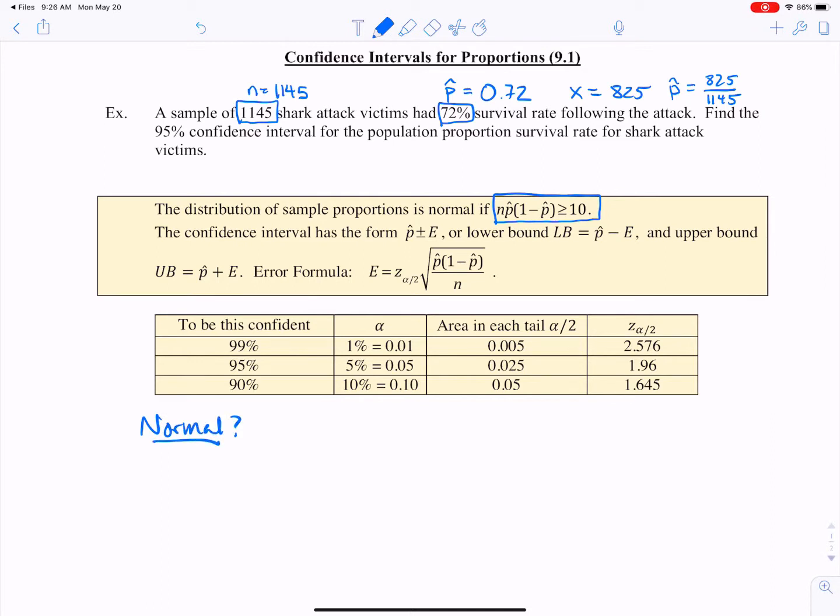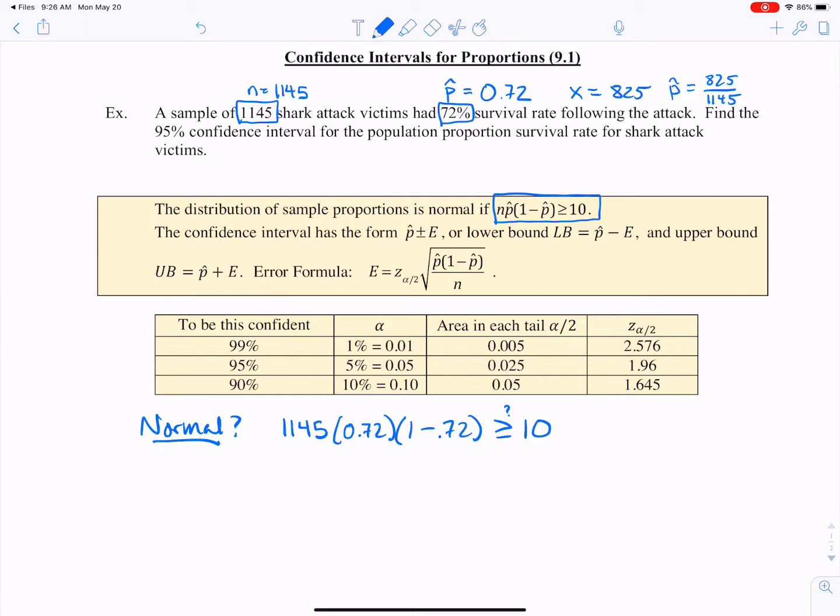Let's see. We check n p hat times 1 minus p hat to see if that's bigger than 10. So we would check 1,145 times p hat, which is 0.72, again written as a decimal, not as a percent, times 1 minus 0.72, and we're checking to see, is that in fact greater than or equal to 10?